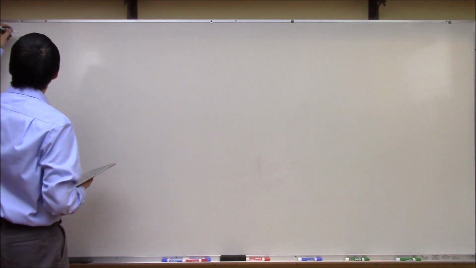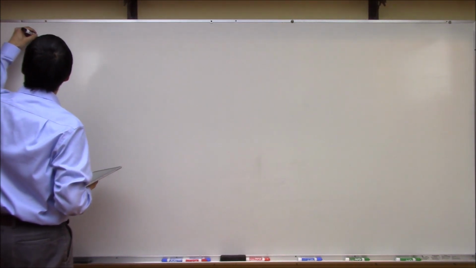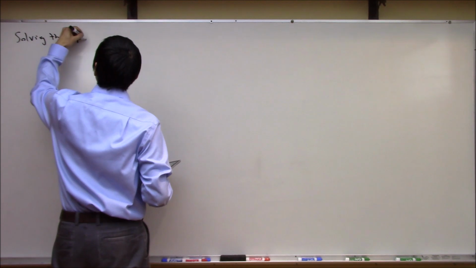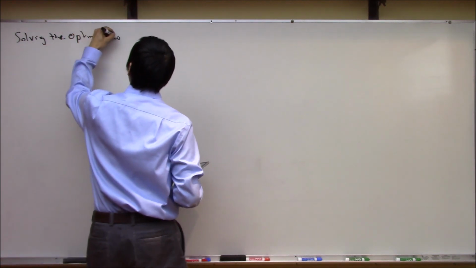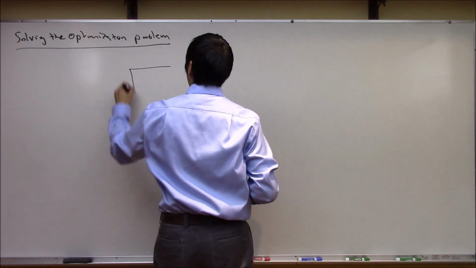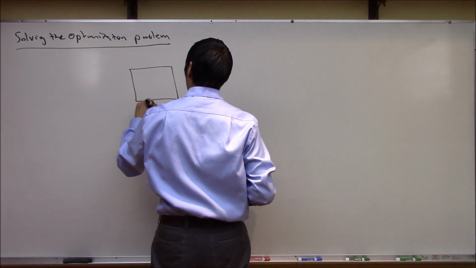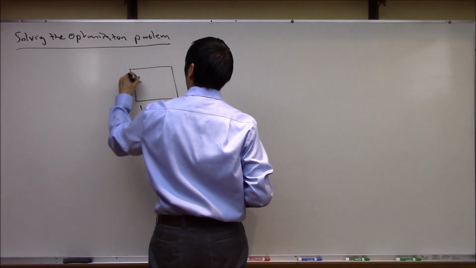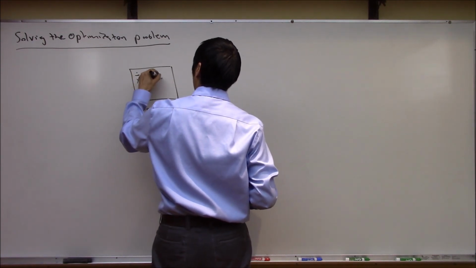Okay, so now what we'd like to do is look at solving the optimization problem. Graphically, what this means is, again, we've got our linear plant, which is governed by x dot equals Ax plus Bu.